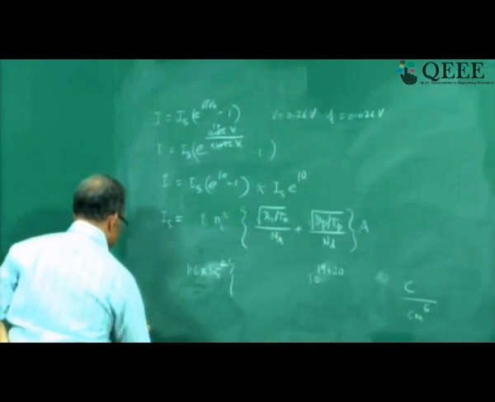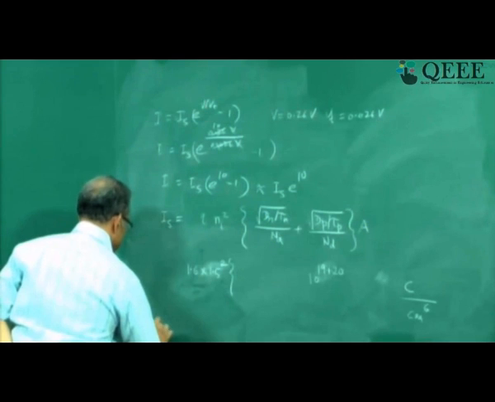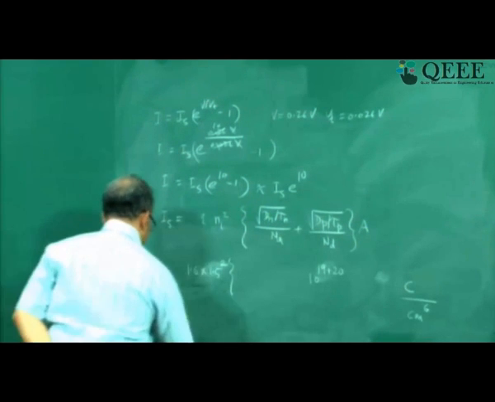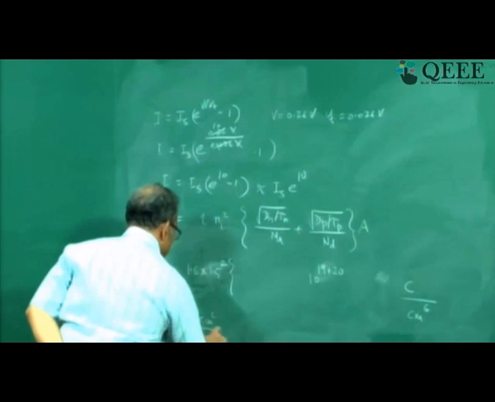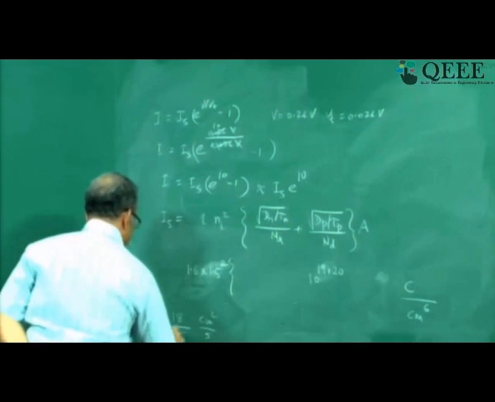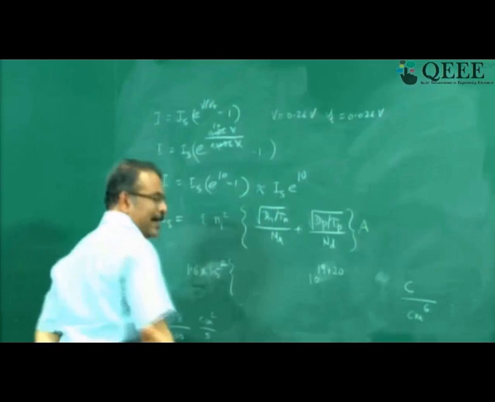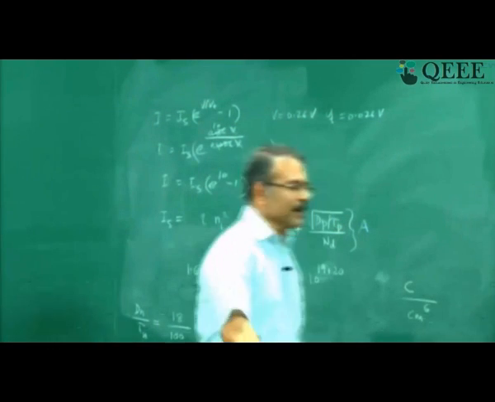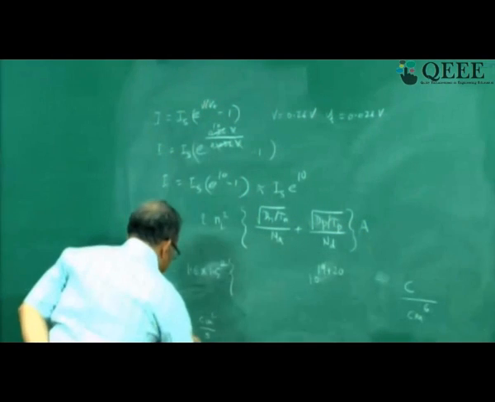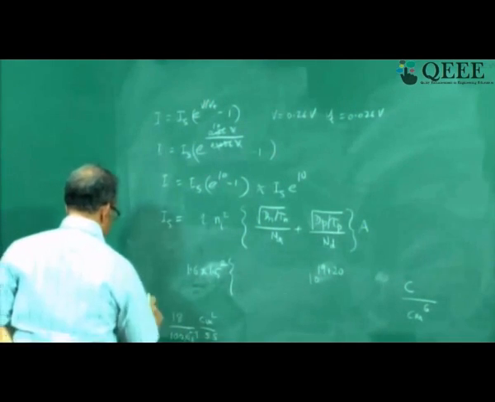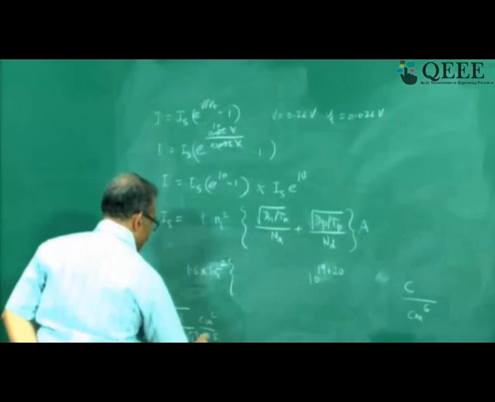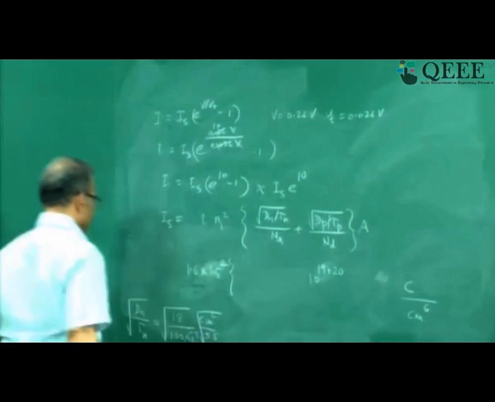Here Dn by tau n is equal to 18 centimeter square per second divided by 100 nanoseconds, so 100 into 10 power minus 9 seconds. So the square root is the square root of this and the square root of this.